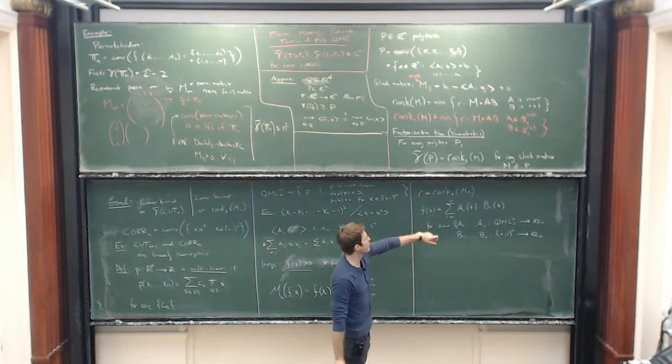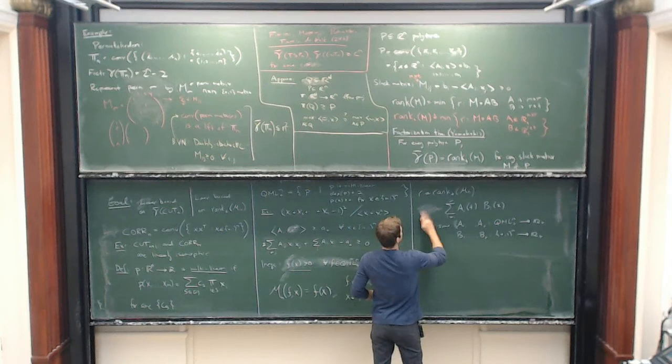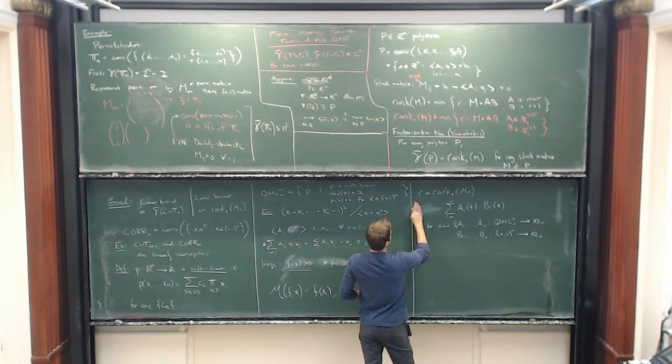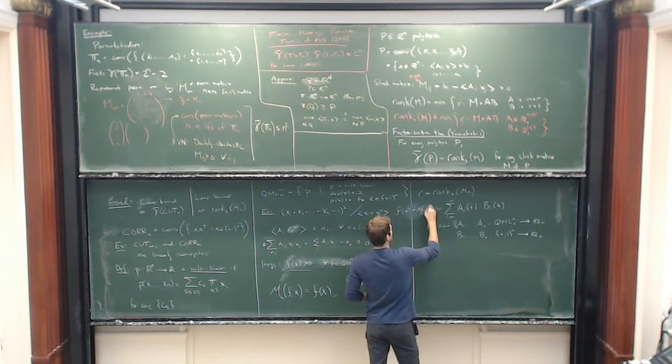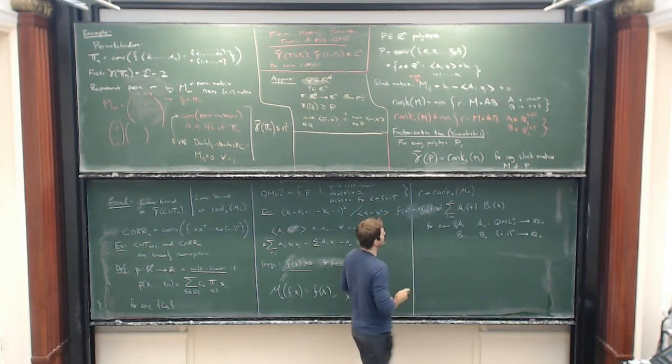I just wrote down the definition slightly differently. I guess here I should have written it like this: f of x equals the (f, x) entry of this matrix.